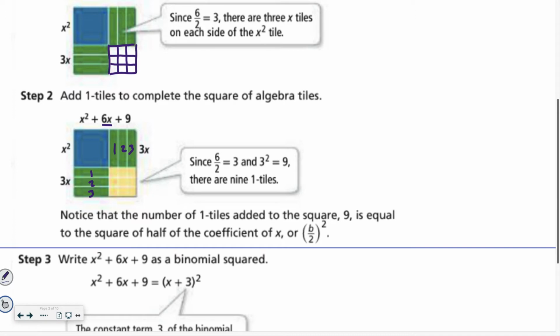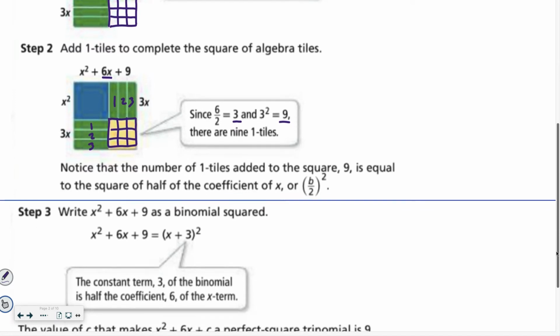Right now we're going to start with non-decimal middle terms, though. So what they did was they cut that 6 in half and got 3. And then if you think about it, it was 3 squared. That's how we got this 9. It was a 3 by 3 square, which gives you 9.